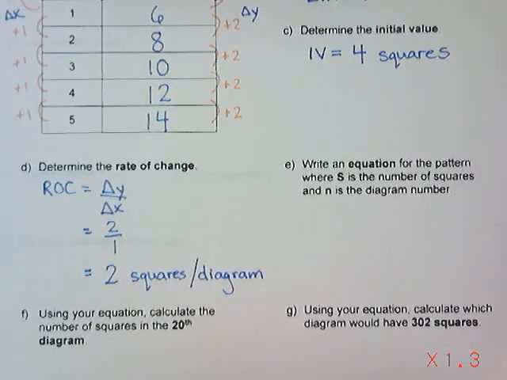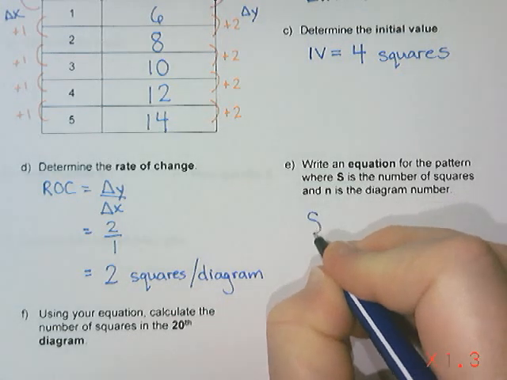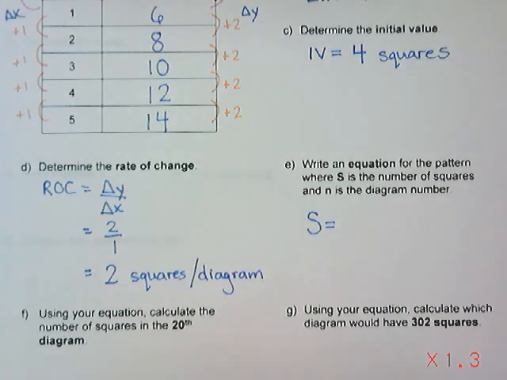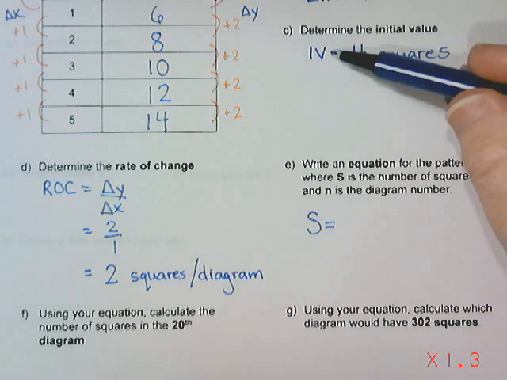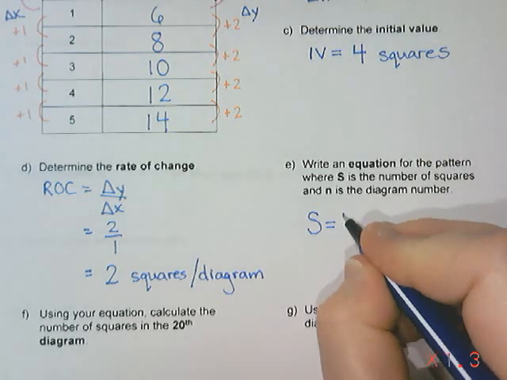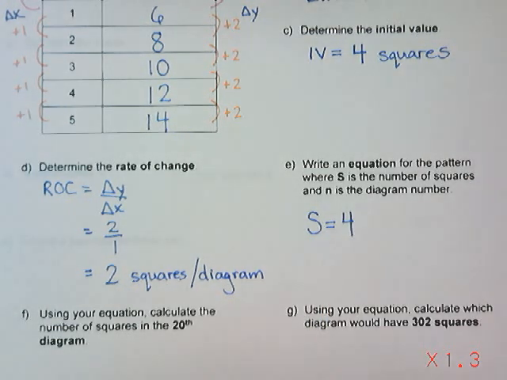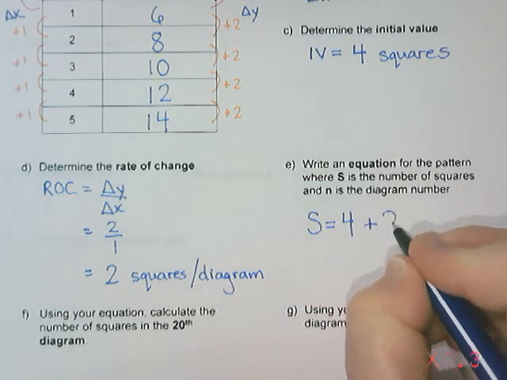All right, the next part of the question says write an equation for the pattern where S is the number of squares and N is the diagram number. So I would start with S equals, so the number of squares equals. We usually start with our initial value. So we start at 4 squares, and then to that we are adding an additional 2 squares every time.